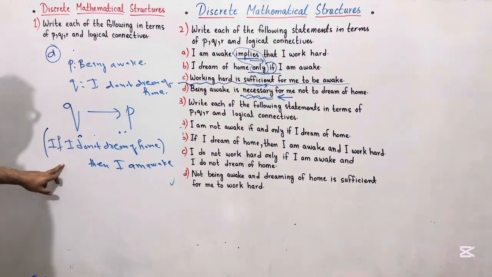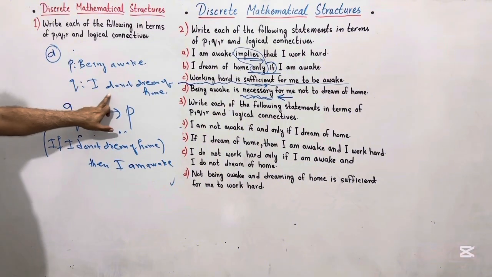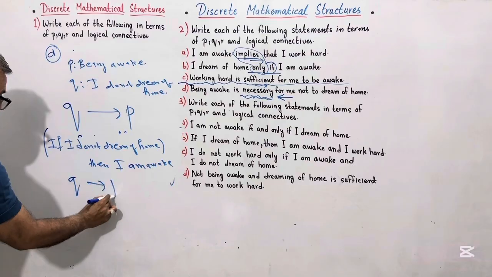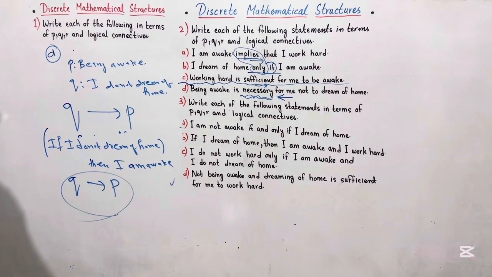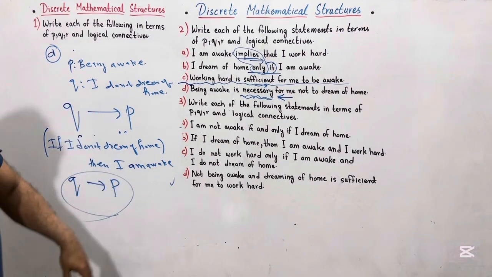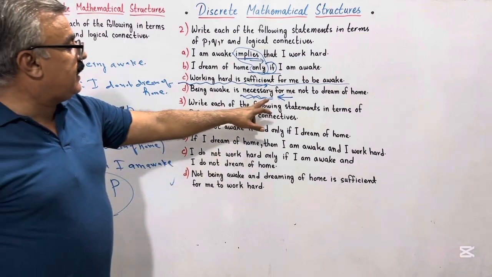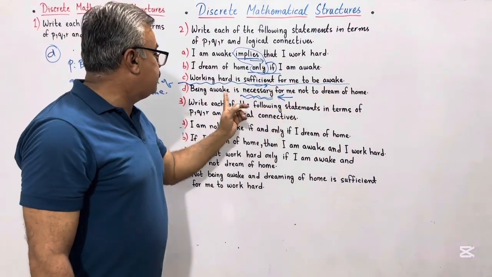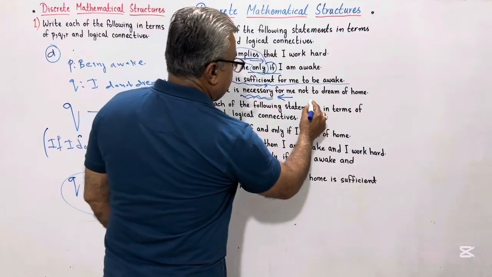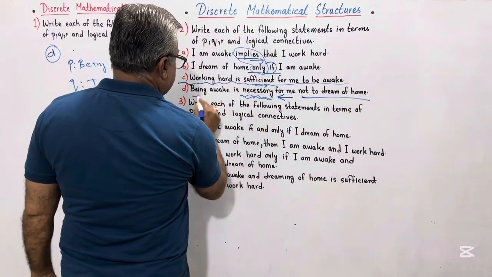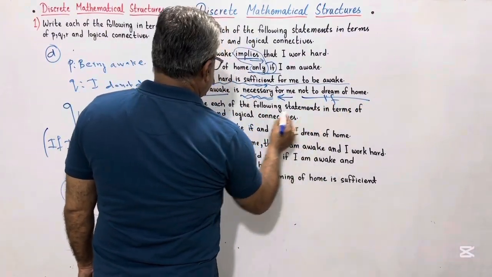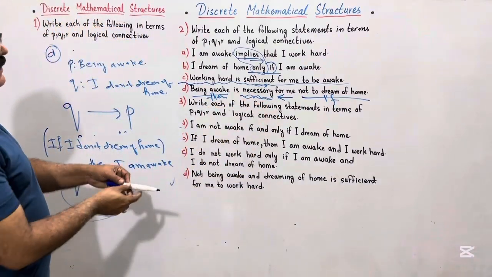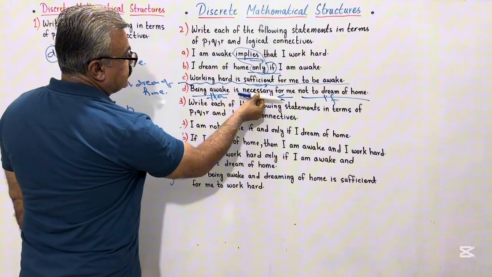Do not dream is our Q. Q implies P. In the case of necessary, introduce the arrow in the reverse direction, which means we have to write the converse of this statement. This is our if part and that is our then part. In the case of necessary, turn the tables.